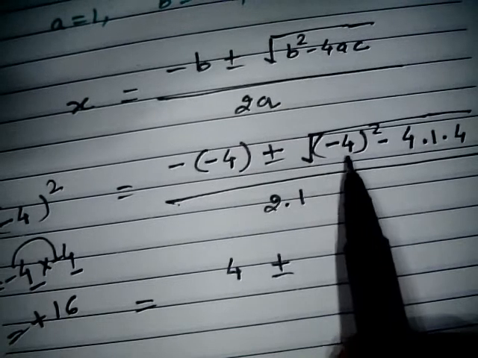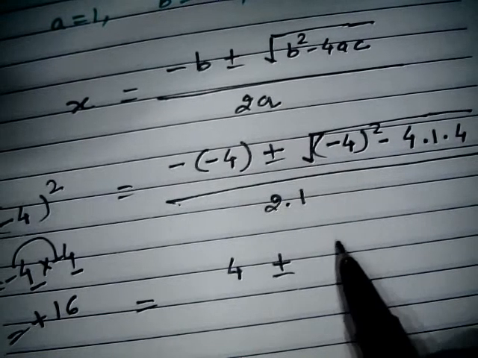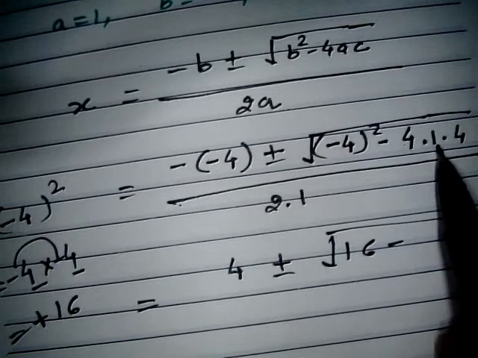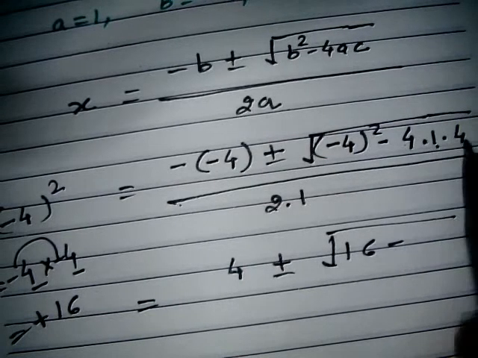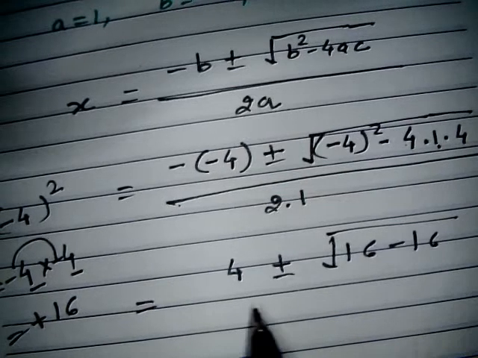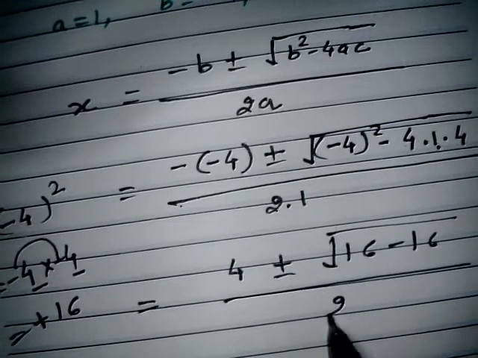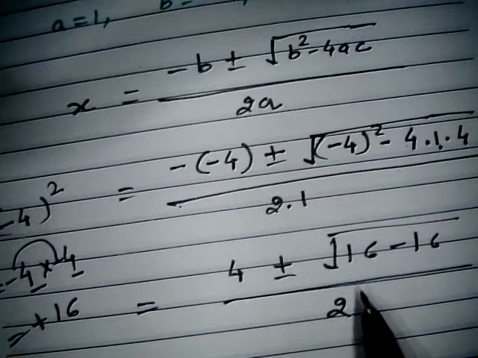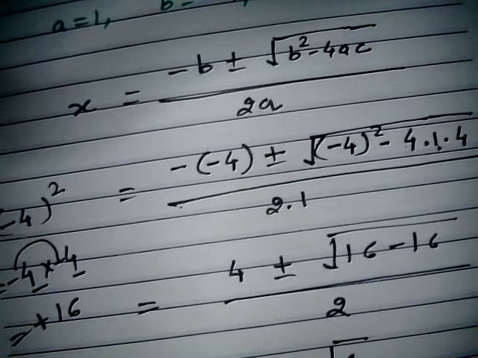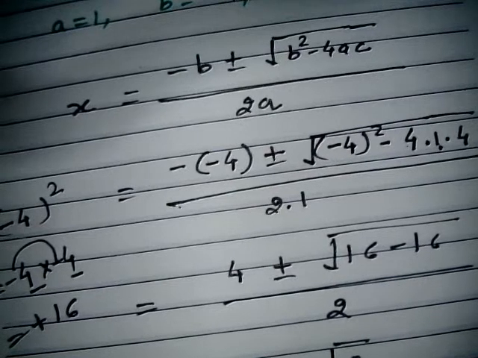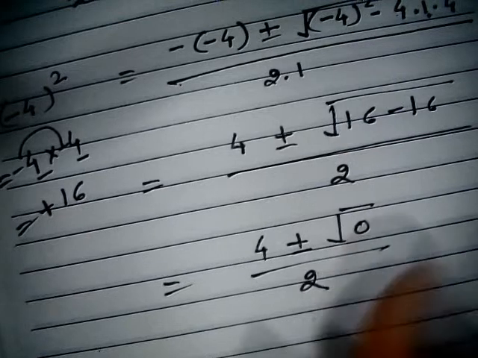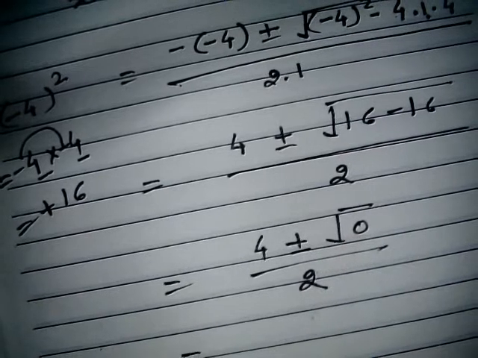Okay, now 4 times 1 times 4, and then 4 times 4 is 16, upon 2. Okay, 4 plus minus 16 minus 16 is 0 upon 2. Okay, this is the part 0, the square root of 0 is 0. So this ultimately is going to be 4 plus minus 0 upon 2.